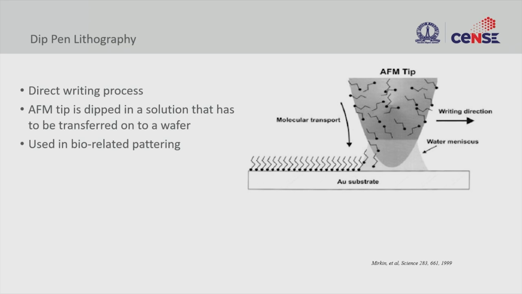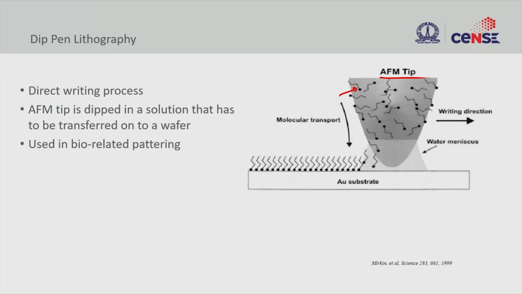But if you want to pattern, if you want to align a few of these molecules in a certain fashion, you need dip pen lithography, where you take an AFM tip and first you coat it with the molecule that you want.